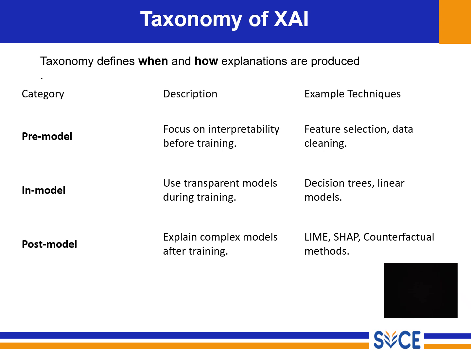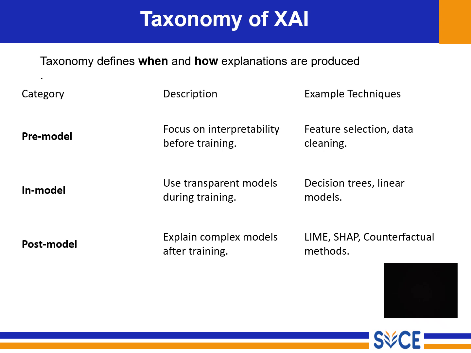So the first one is pre-model explainability, which means before training. So this happens before we build the AI model. We try to make the data itself simpler and more interpretable so that the model built later is easier to understand. Example techniques used here are feature selection and data cleansing.